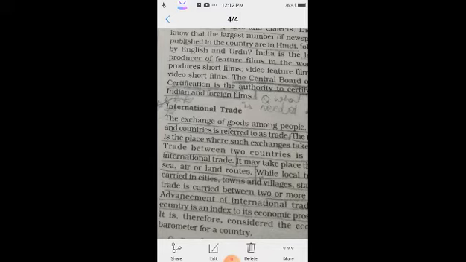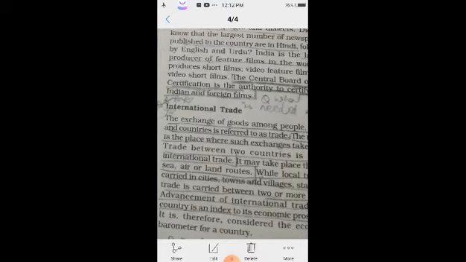Advancement of international trade of a country is an index to the economic prosperity. Means it is the sign for economic prosperity. Which one is the sign? Advancement of international trade of the country becomes an index of economic prosperity. It is therefore considered an economic barometer for the country.